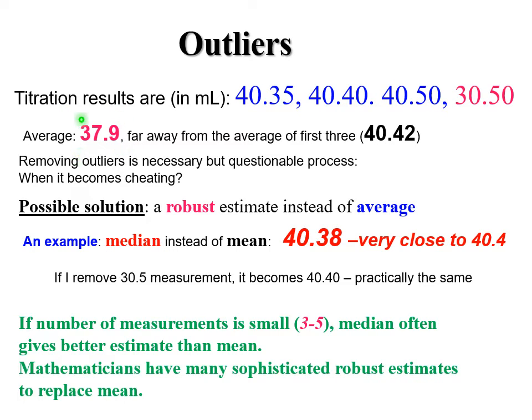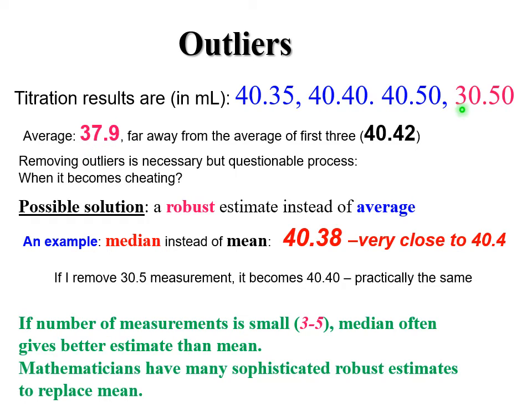It cannot be left this way. Now, still, removing outliers is a necessary, but very questionable process. When do you stop just removing outliers and start cheating? So we need some algorithms, and some of them are written in your book.